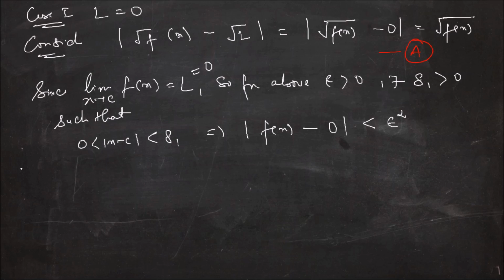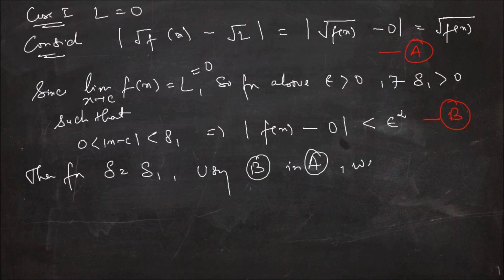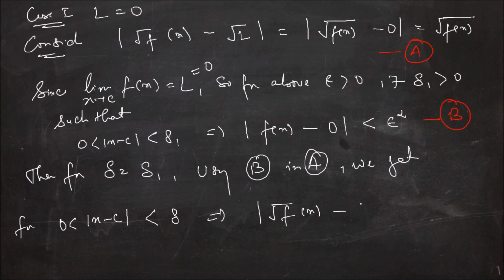Let us mark this as b. Then for delta equal to delta 1, using b in a, we get for 0 less than mod x minus c less than delta, root of fx minus 0 is less than epsilon, because fx is less than epsilon square. So root fx is less than epsilon.